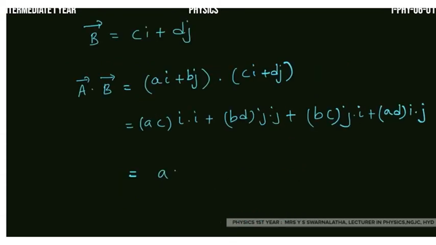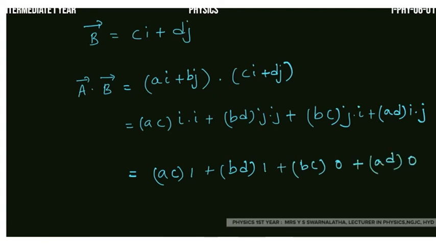Now we substitute the values: AC into i dot i is 1, BD into j dot j is 1, BC into j dot i is 0, and AD into i dot j is also 0. So the value becomes AC plus BD. Is it clear?